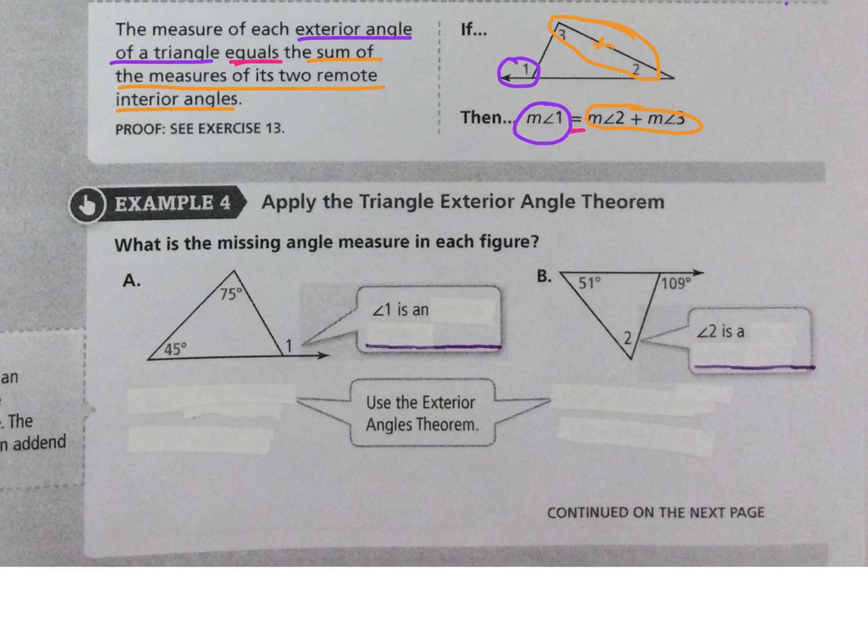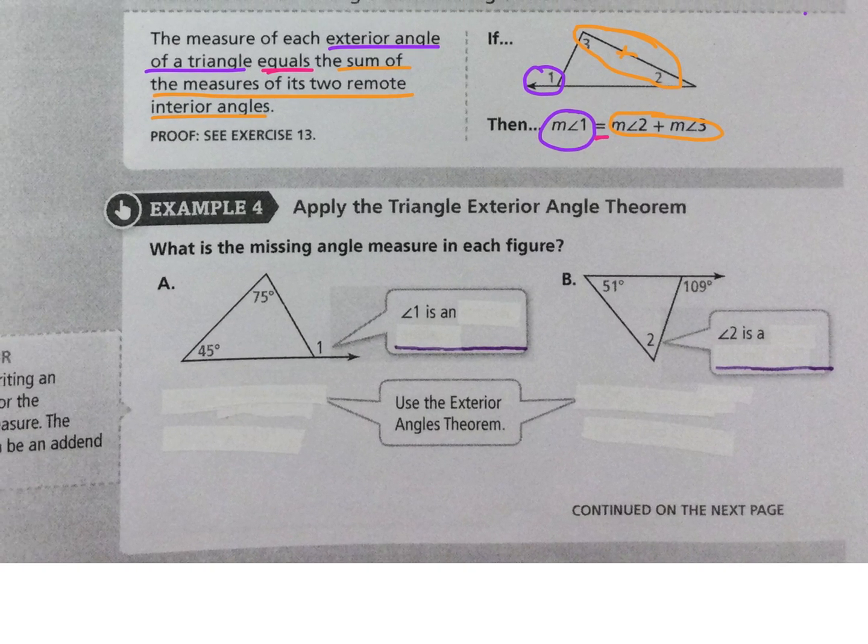All right, so if we look at these pictures, angle 1 is an exterior angle. Angle 2 is a remote interior angle. Okay?